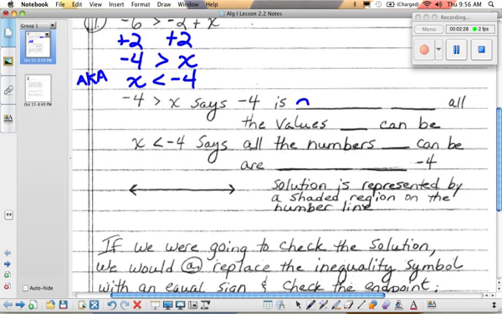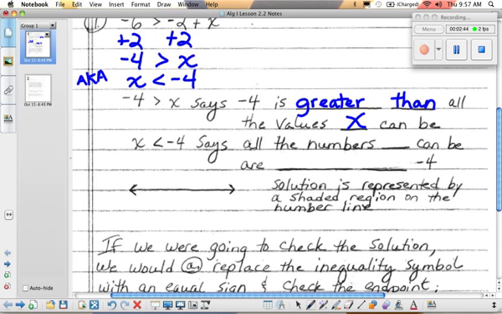Just like the symbol says, negative 4 is greater than, and negative 4, remember, is our starting point. So they're saying our starting point of negative 4 is greater than all the values that x can be.